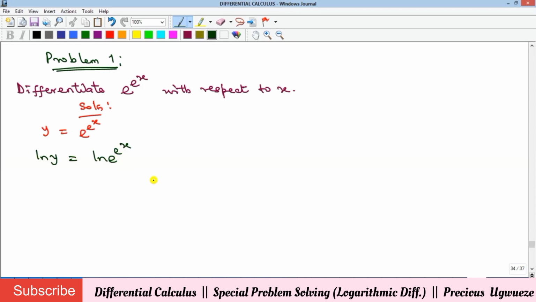Okay, so what's going to happen here? We're going to have that ln of y is equal to x, because the whole of this will come to the back, then ln of e.